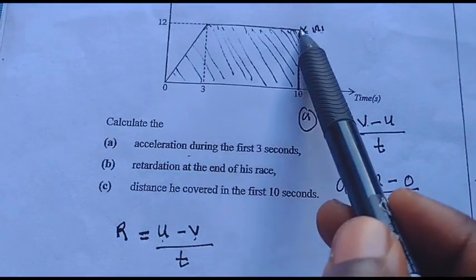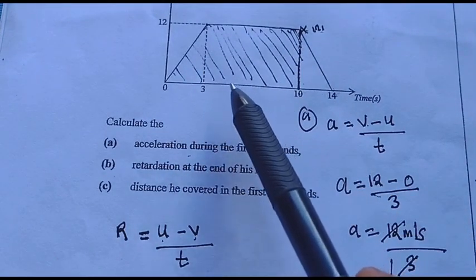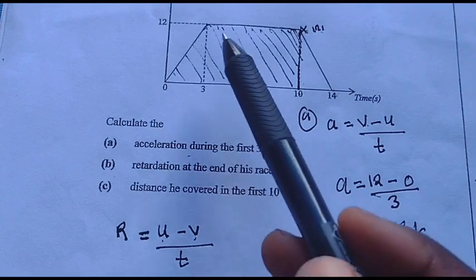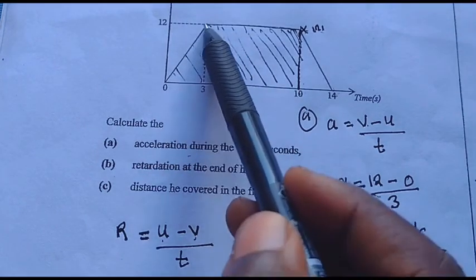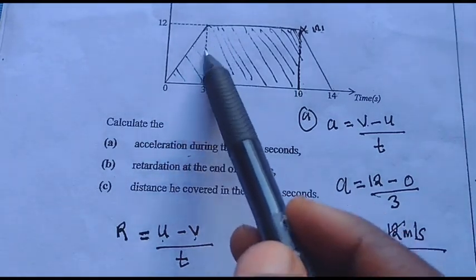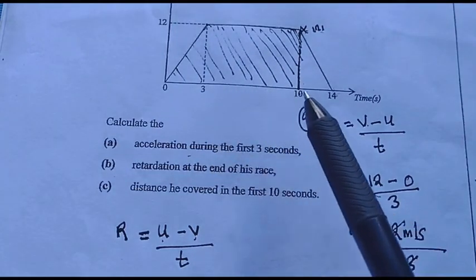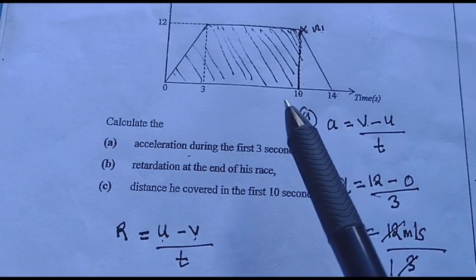This is a trapezium, so you can use the area of a trapezium as your distance, or you can get this shape one by one. You can get the distance of this triangle plus the distance of this rectangle.